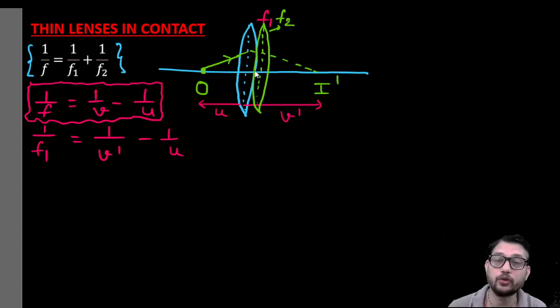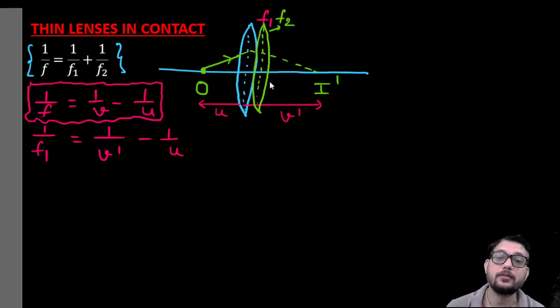Now, as I have told you, the image of the first lens will behave like the object of the second lens. It means this I dash is the image of the first lens, so this I dash will be the object of lens 2, whose focal length is f2.